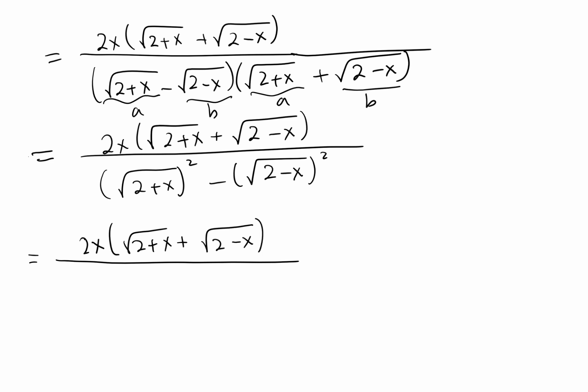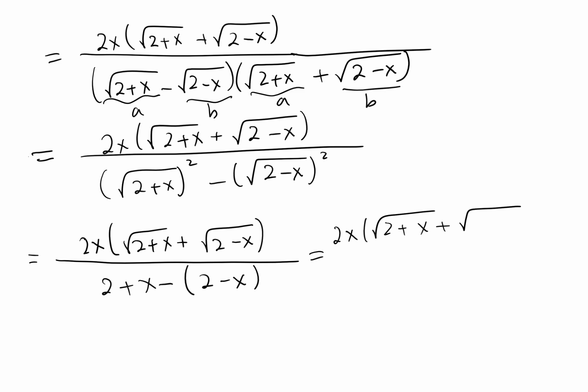The denominator, we square that. We square the denominator. 2 plus x minus 2 minus x. Keep the top the same. 2 plus x minus 2 plus x.